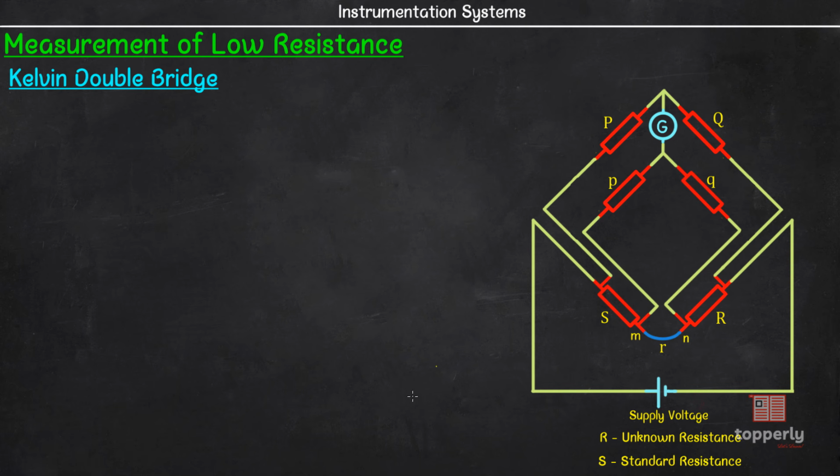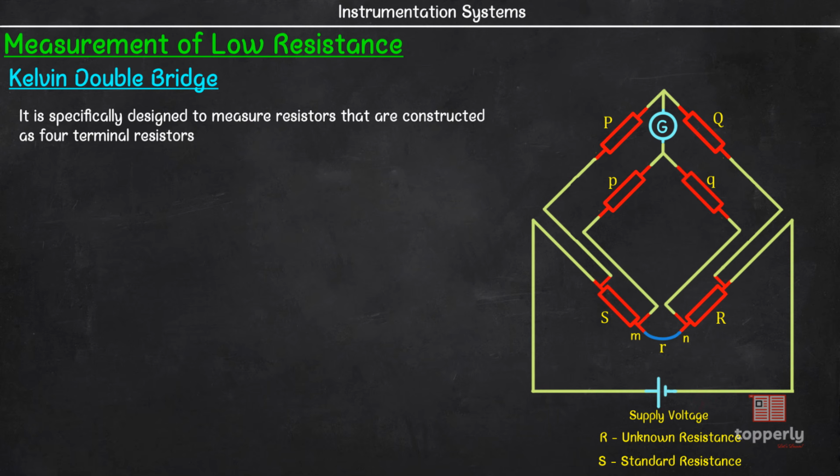Now, this Kelvin double bridge is specifically designed to measure low resistances that are constructed as 4-terminal resistors. Also, note that here we have two sets of ratio arms, that is, this arm with resistances capital P and capital Q, and this arm with resistances small p and small q. It is due to this second set of ratio arms that this circuit is named the Kelvin double bridge.